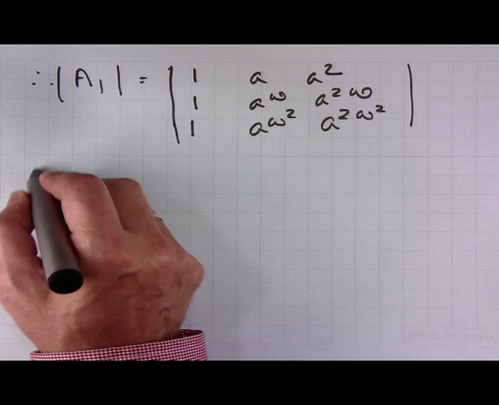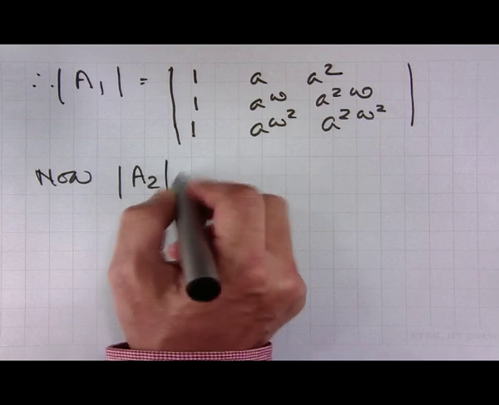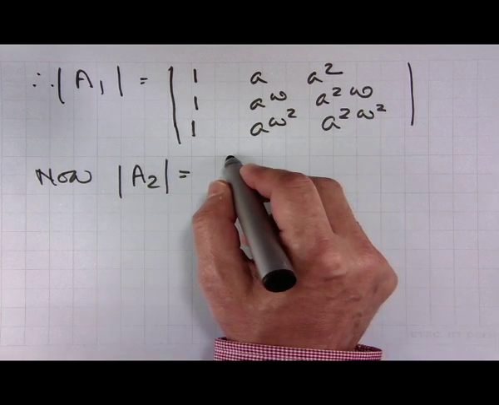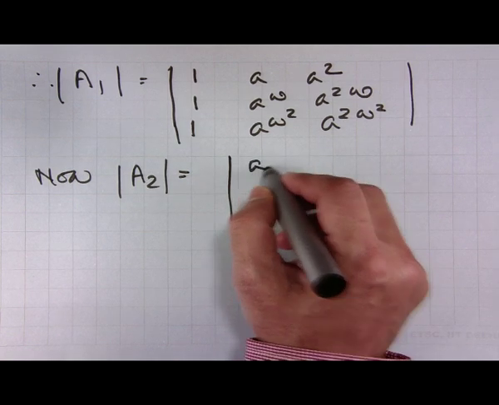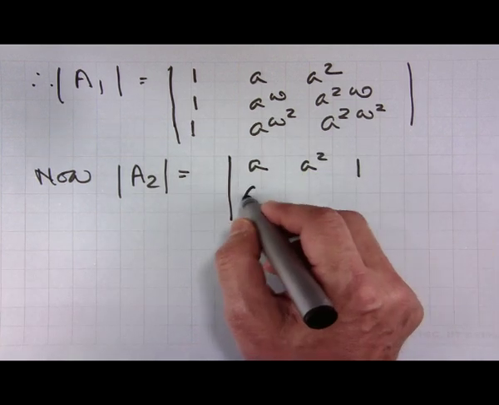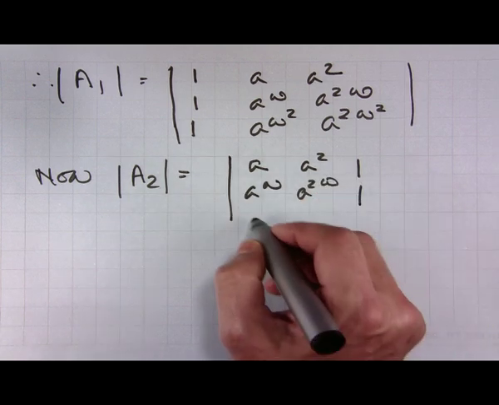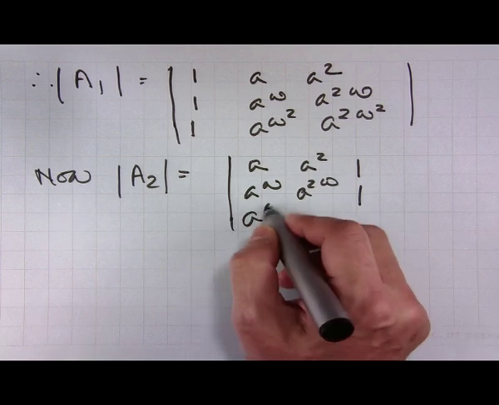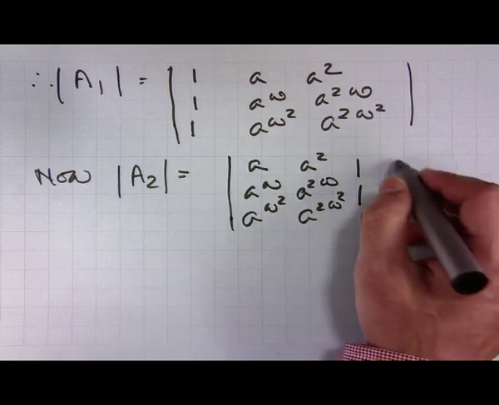Now, determinant of A 2 is equal to the determinant of a square, 1, a to the power omega, a to the power 2 omega, 1, a to the power omega square, a to the power 2 omega square, and 1.